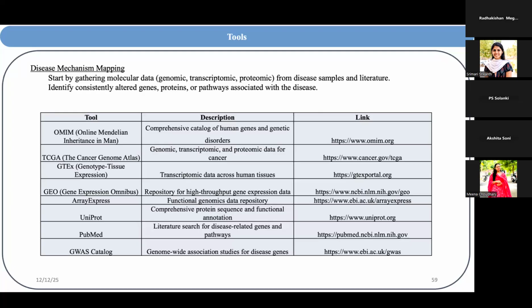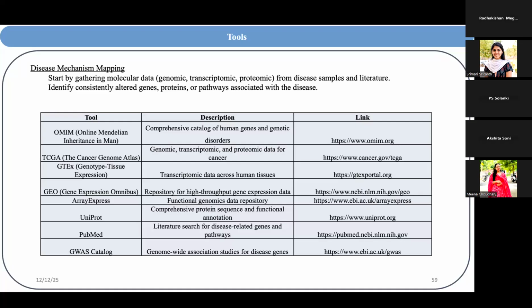So once we have gathered the molecular data and we have got the associated genes with it, we have to map the genes with the protein. So that is the next step. For that, we use the UniProt databases to get the protein sequences. This gives us detailed information about the protein sequence.